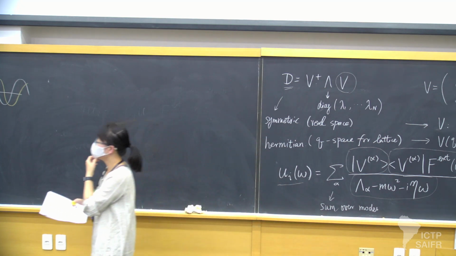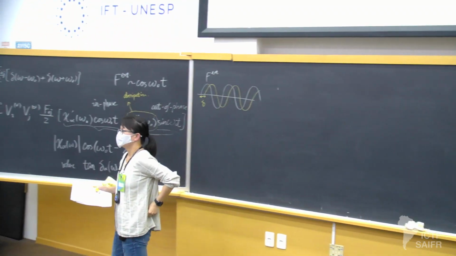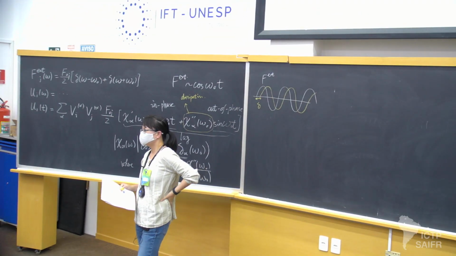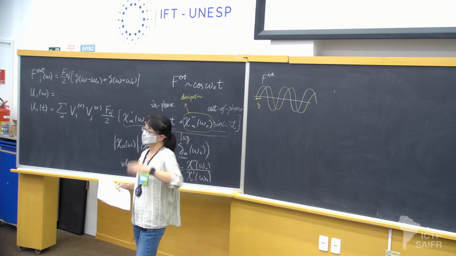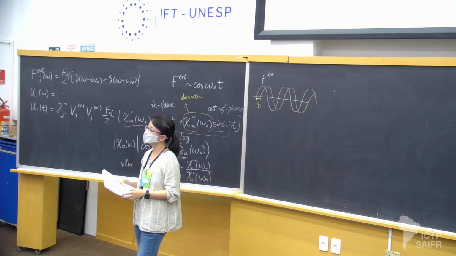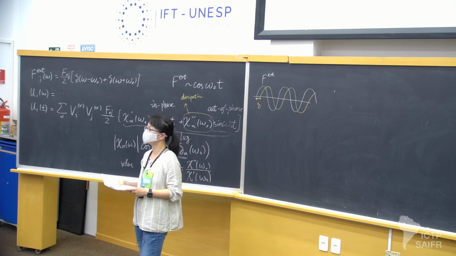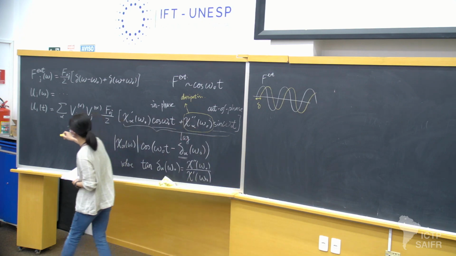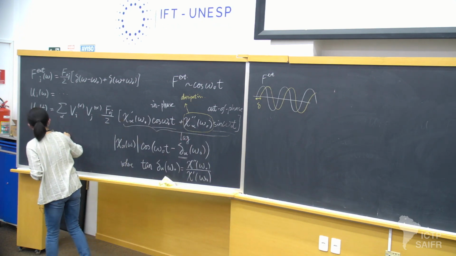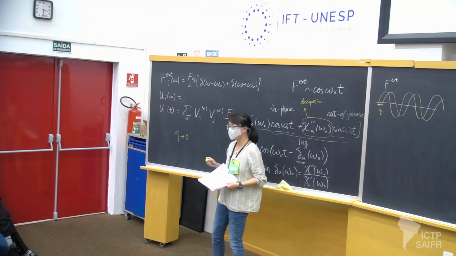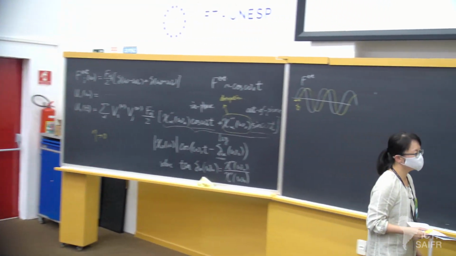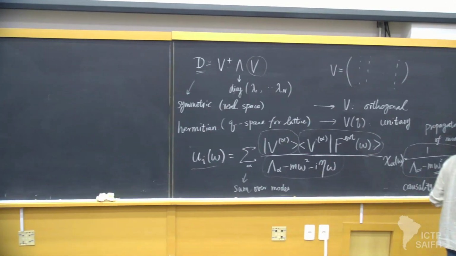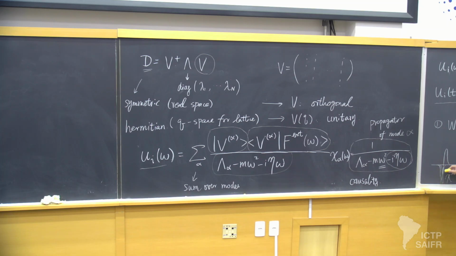Yes? What happens if I take eta tends to 0 at the limit here? I would expect the u_i's to blow up. Yes, that's right. So you're saying if eta goes to 0, right? And then this function will become a true delta function, right?